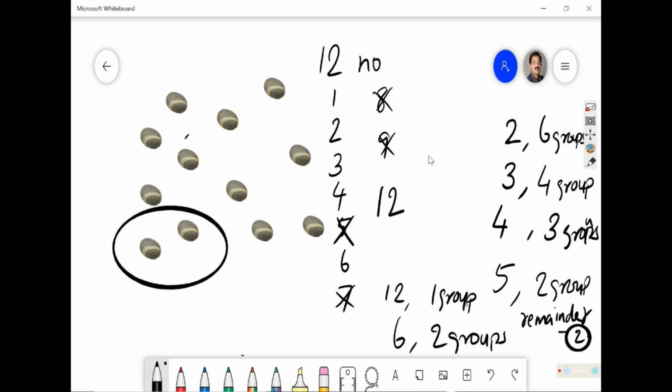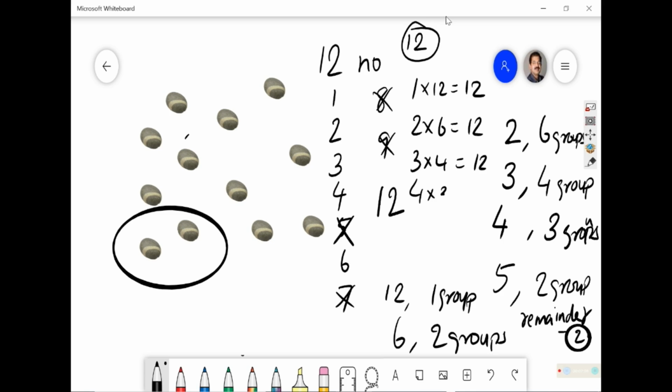That means what we understood from this, when we studied the multiplication table, is that 1 into 12 is 12, 2 into 6 is 12, 3 into 4 is 12, 4 into 3 is 12, 6 into 2 is 12, 12 into 1 is 12.